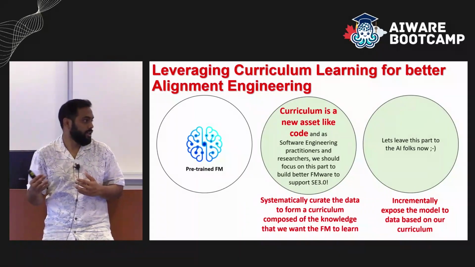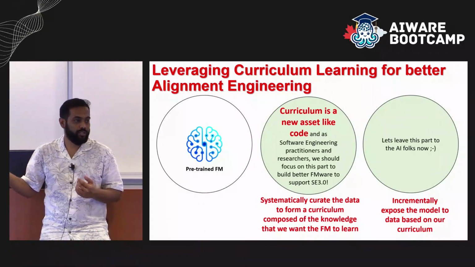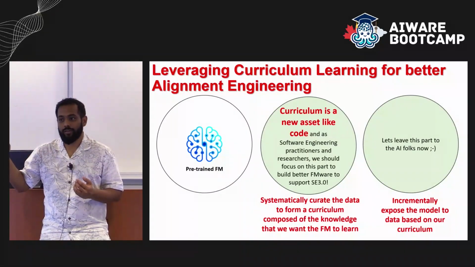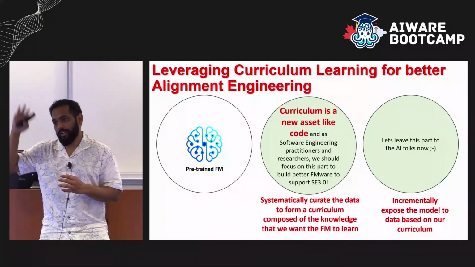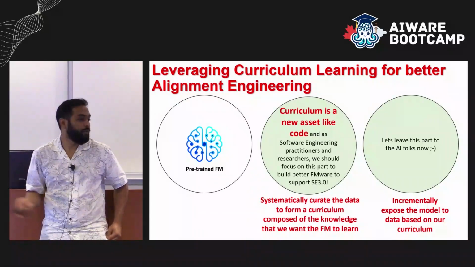And we need better curriculums to move towards the software engineering 3.0 vision. As for incrementally exposing the data to the model, that's just the algorithm part of it. Let's leave it to the AI folks for now, and maybe we can come back to it later.